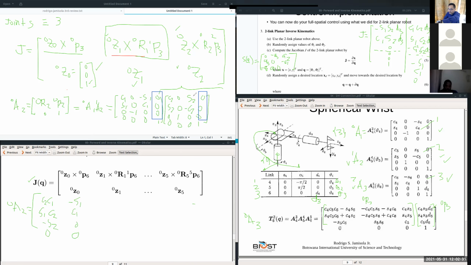Next, C1 times S2, plus 0 times minus C2 plus minus S1 times 0. Only the first element is alive, so that's C1 times S2. Next, S1 times S2 plus 0 plus 0 plus 0. So S1, S2. Next, 0 plus C2 times C2 plus 0 plus 0. So that is C2. Then 0 plus 0 plus 0 plus 0.